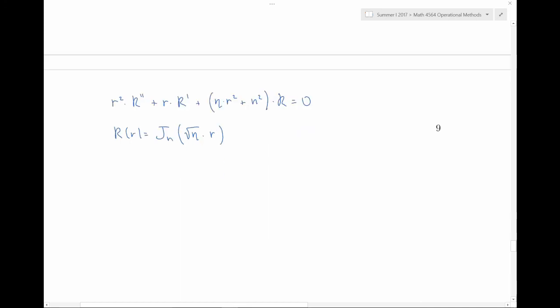So how do we figure out the right parameter, square root of eta? Well, suppose x sub mn is the mth root of J sub n. Then we need square root of eta times M, because that's the radius of the disk, to be exactly that root.